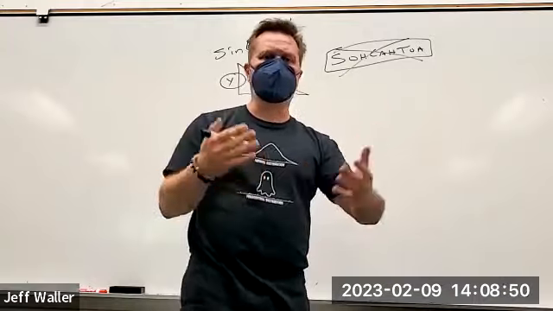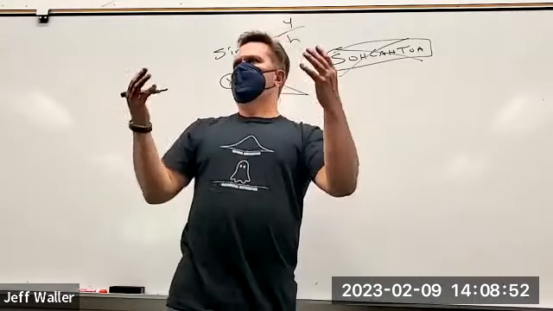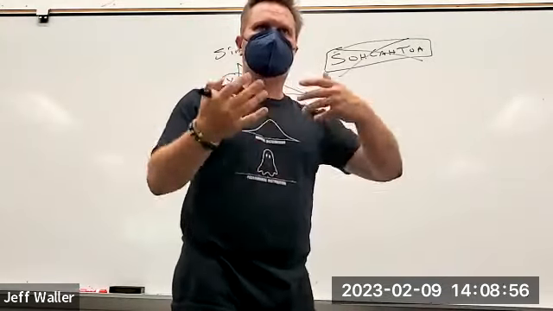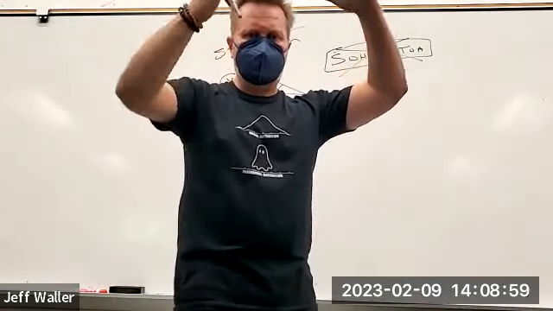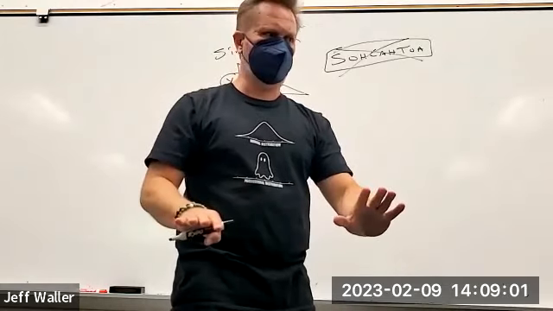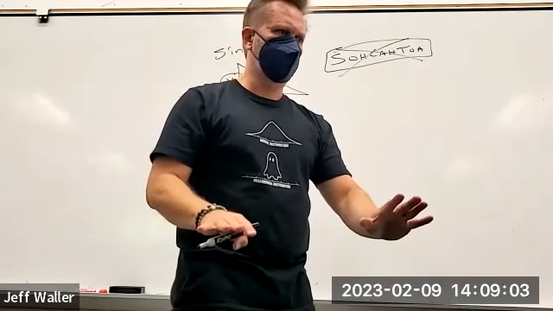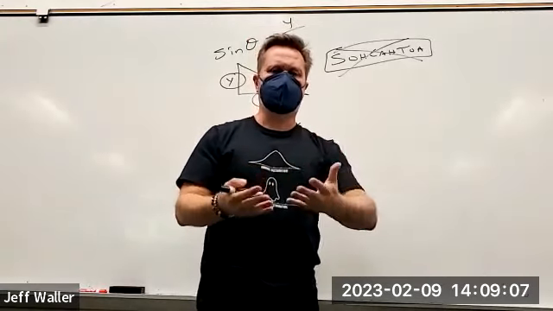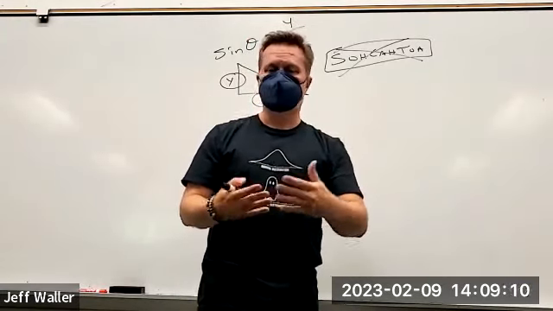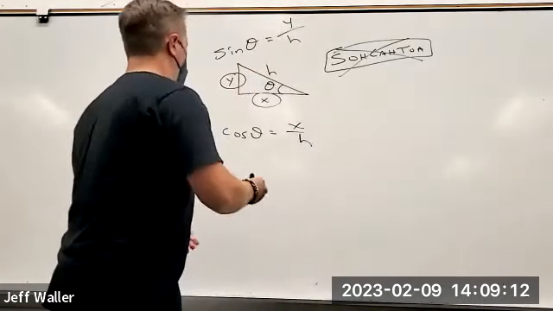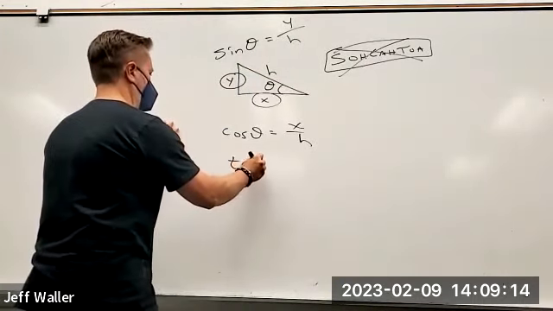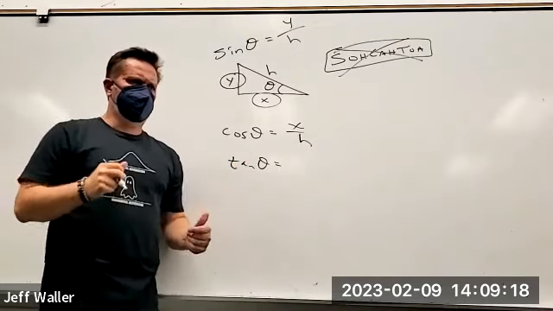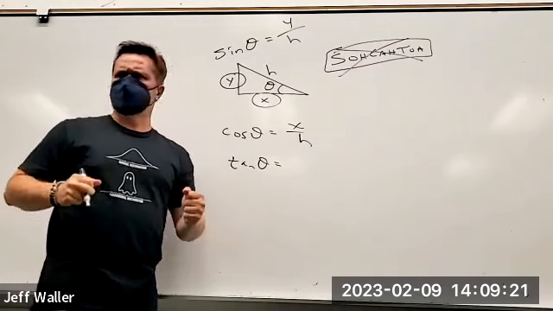You can make jokes about Camp SOHCAHTOA and all that kind of business. But it is much more generally useful to realize sine is related to the y side, cosine is related to the x side. All trig functions are ratios of sides of a right triangle. That's it. So what is tangent? I'll accept two different ways to answer this question.